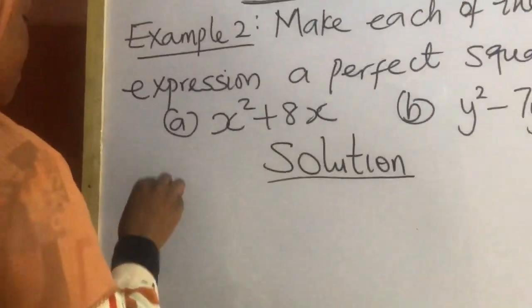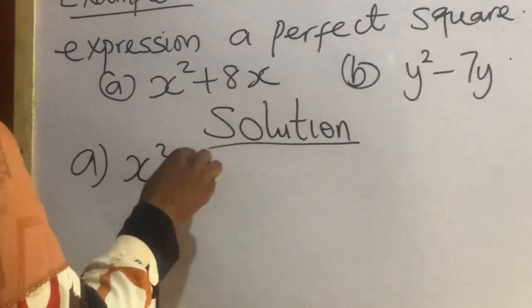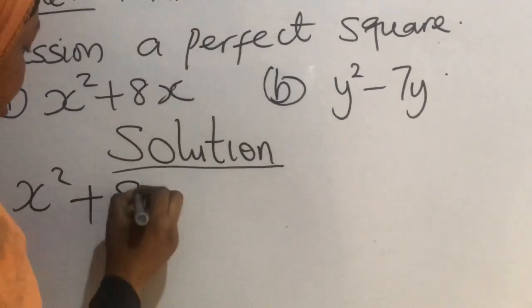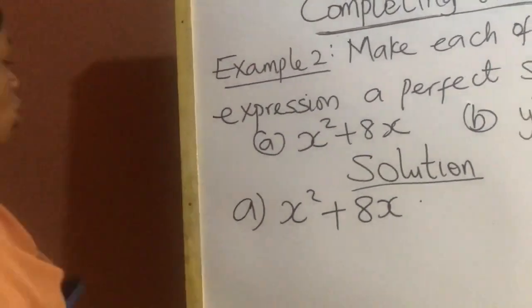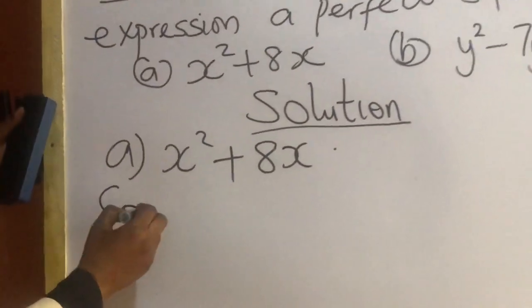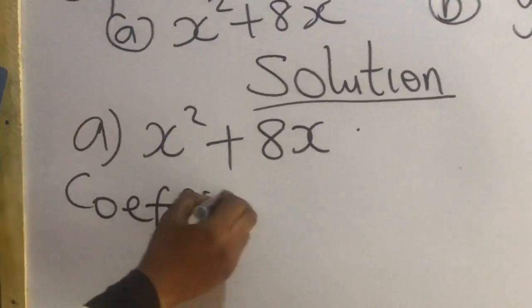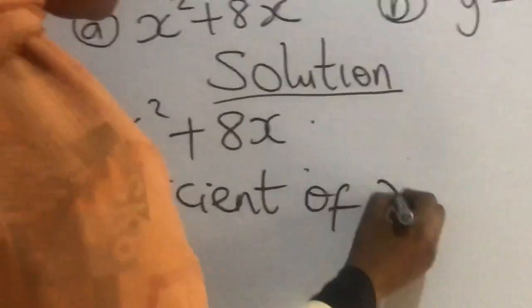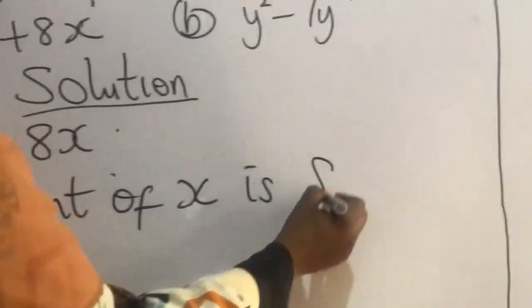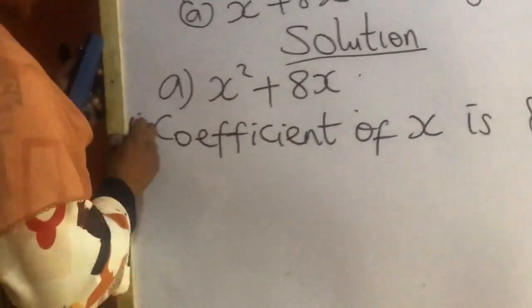So A, x squared plus 8x. Now, what is the coefficient of x here? The coefficient of x is 8. Now that is the first step.